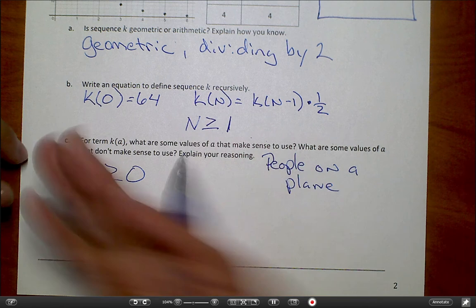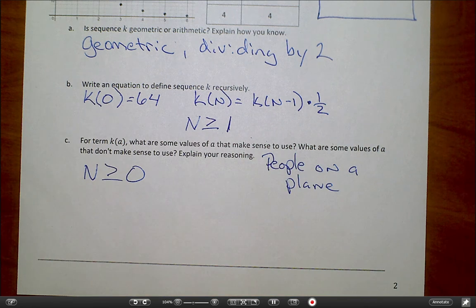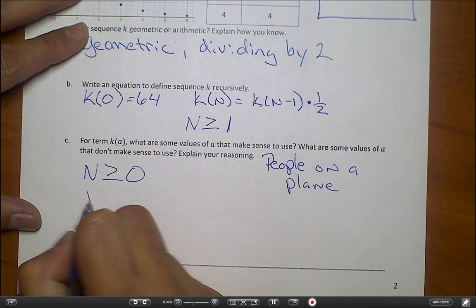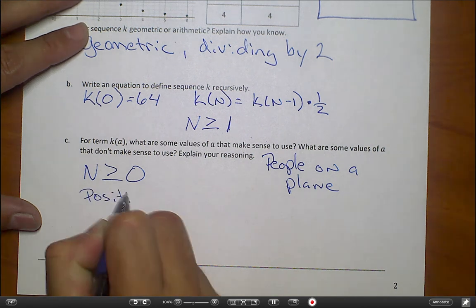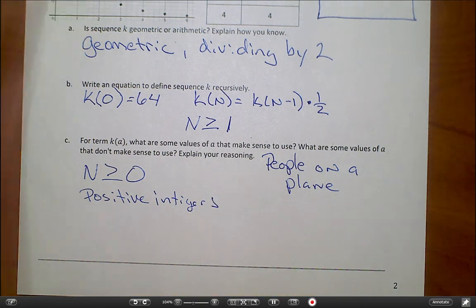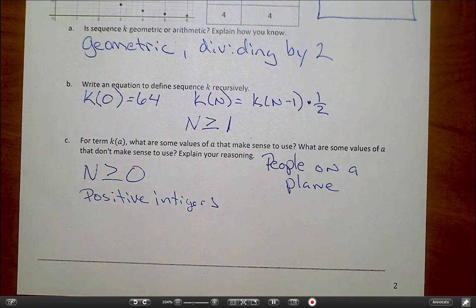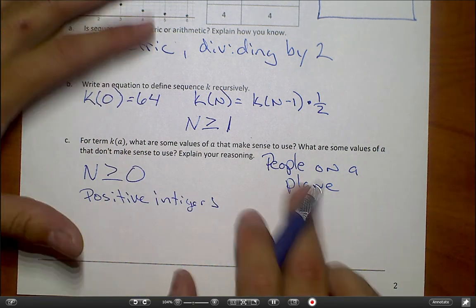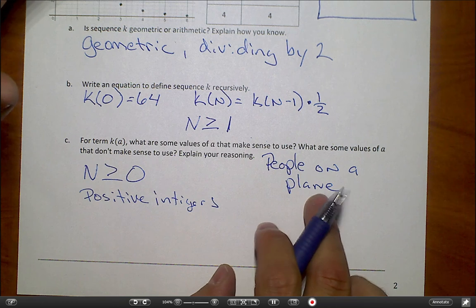Now what types of numbers? Whole numbers, or integers, right? So I would say positive integers. Okay, so there's part of it. What are some values of a that do not make sense? Negative, right? We're not going to have any negative cuts. Remember, I kept saying this as people on a plane.